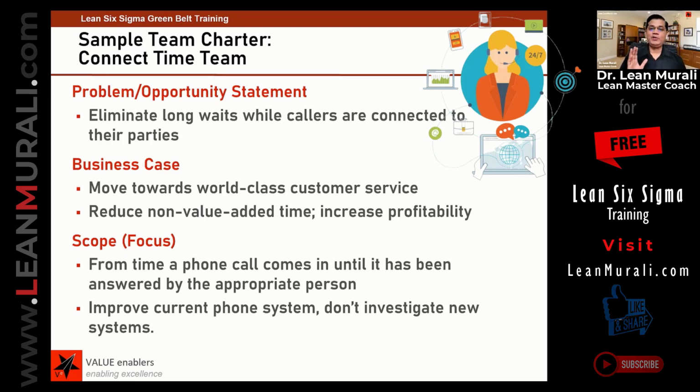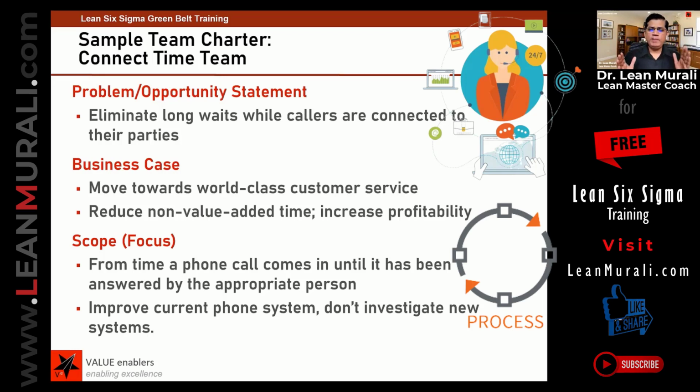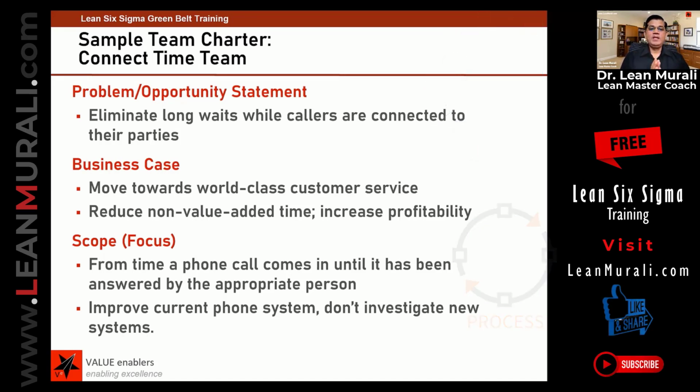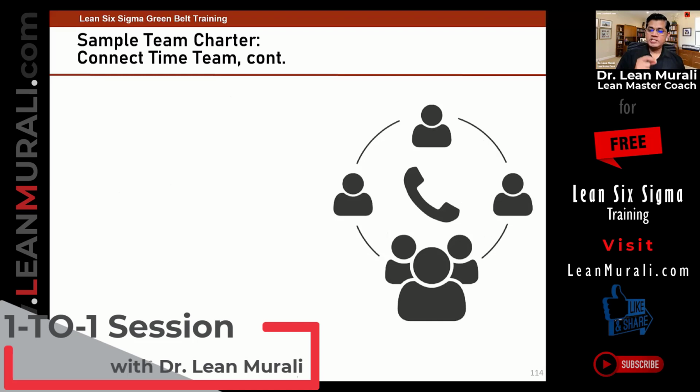Because there'll be a lot of scope for improvement in the current process, but people will go tangentially out and say there are new systems and new technologies that we need to adopt, and they'll start proposing that as a solution. So we make it very clear in the scope: improve the current phone system, and don't investigate new systems. The time the call starts to the time somebody picks up the call is in the scope.